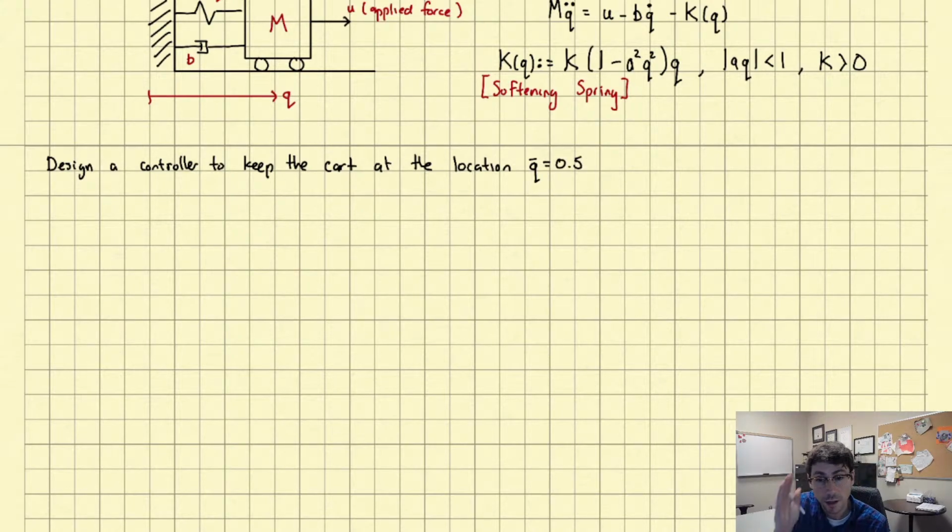But we also want to do step tracking. What does that mean for us? We're going to keep it at 0.5, and then we're going to command it to deviate from 0.5, a little bit to the left or to the right. Okay, side to side. So keep the cart at location q equals 0.5, and track step references.